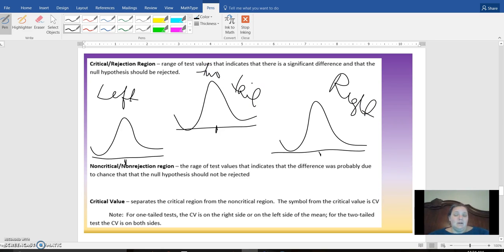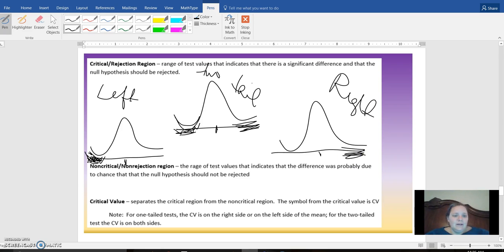The options that we discovered before were left-tailed, so the left is shaded. Pretend it's under that curve. Two-tailed, there we go. And then right-tailed, so that's over here.